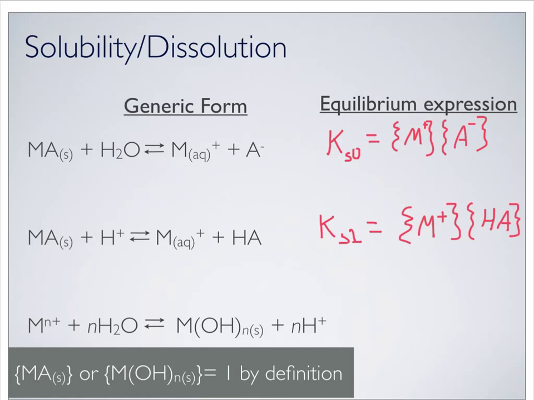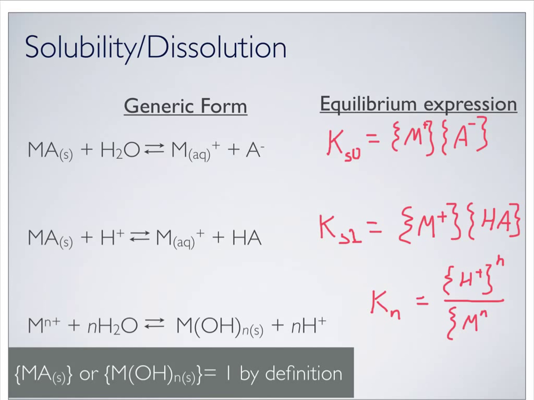And then our last type of reaction that we have on here is a generic form, where we've got metal ions that are reacting with water, and then we're ultimately producing some solid precipitates. And in this case, we're just going to call this Kn is equal to the hydrogen ion activity to the N power, to denote that stoichiometric coefficient, divided by the reactant.